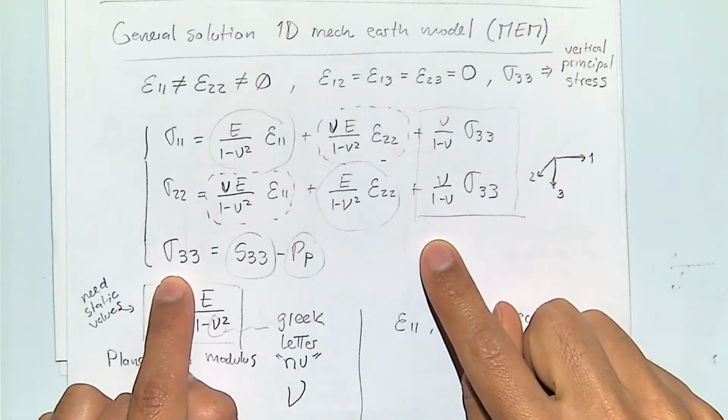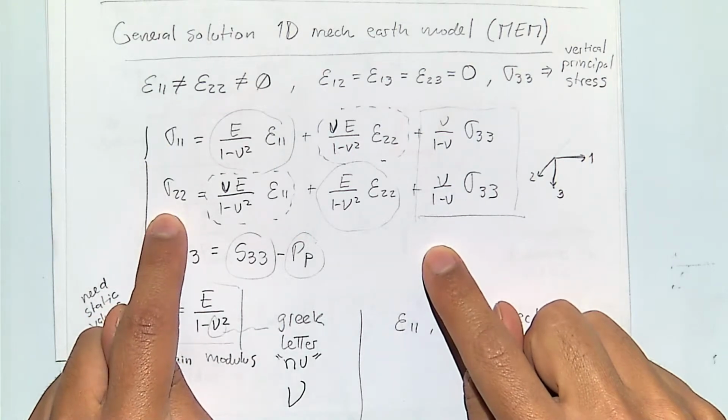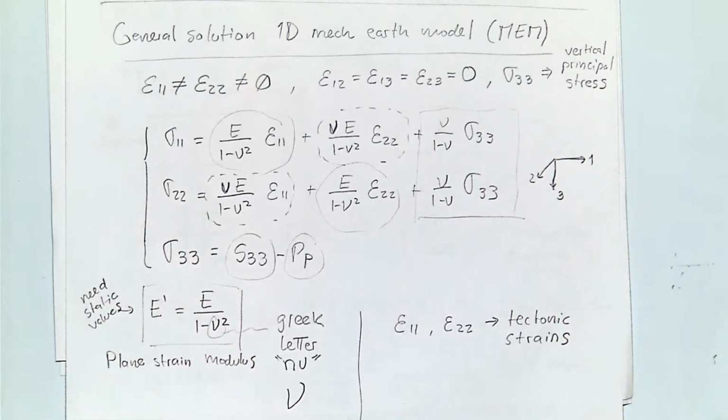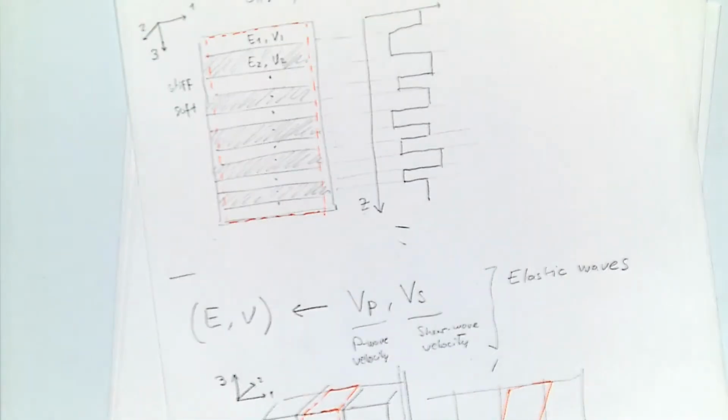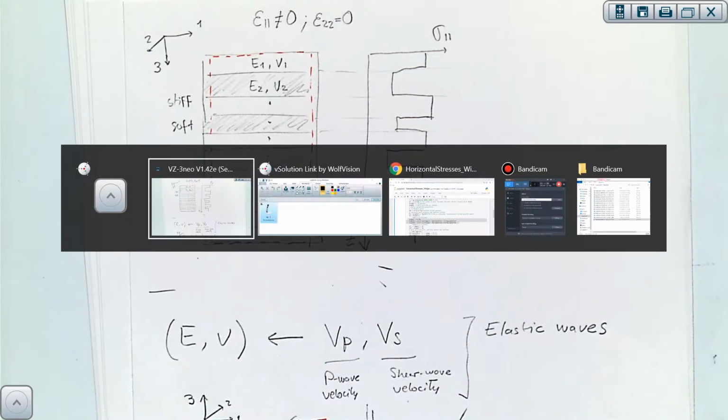You know what is the vertical effective stress at each point. You can calculate those stresses. And the result is going to be a variable effective stress and total stress as a function of depth. So that's the ideal plot.